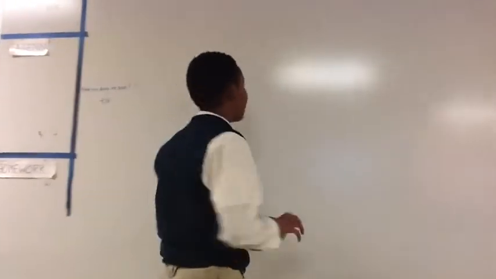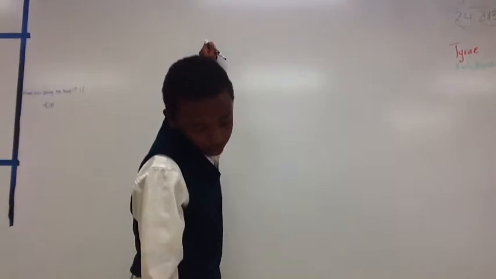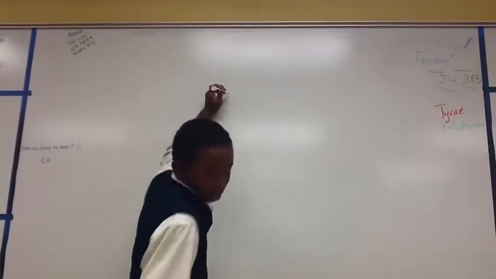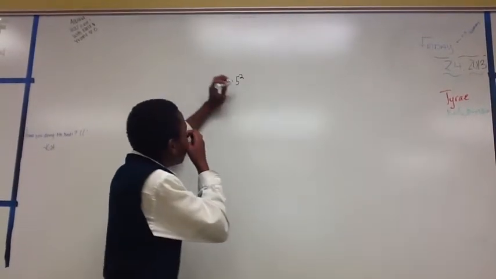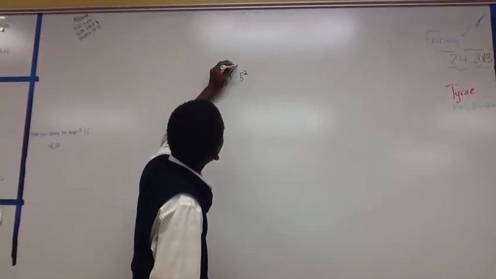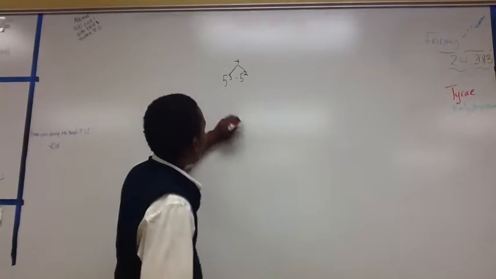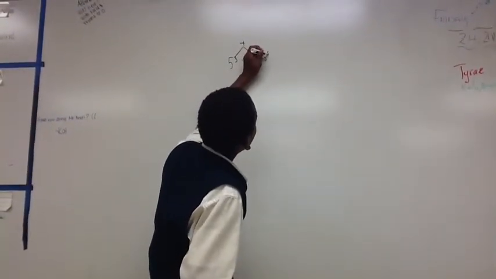There's my marker. Let's see, for multiplication in the book, it says 5 cubed times 5 squared. And for when you multiply, if they have the same base, you can always add the exponents. And for this one, that would equal 5 to the fifth.